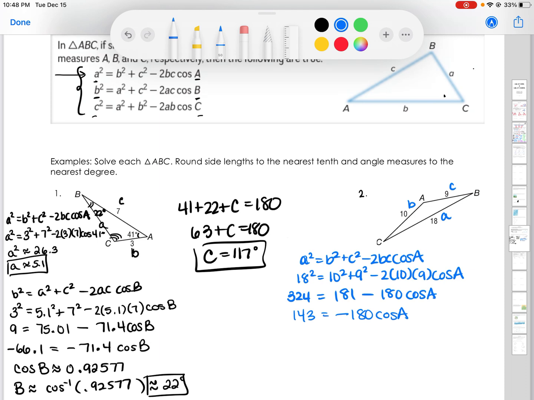So 143 divided by negative 180 is going to give us that cosine of A is about negative 0.79444 repeating. Then to get A by itself, we're going to do the cosine inverse of that number, which is going to give us about 143, which is funny, but just a coincidence. Okay, so we have one of our angles, 143.